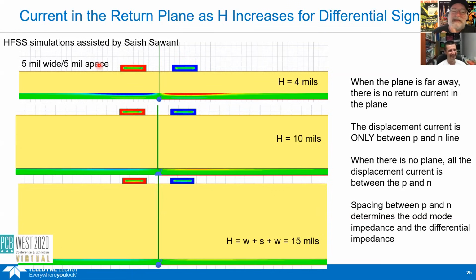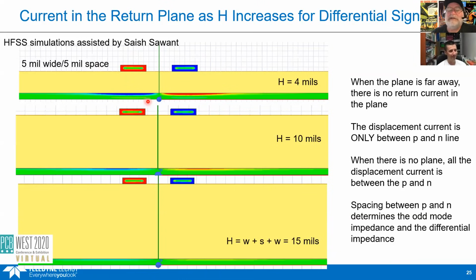But in this case, when I have the two signal lines on the top layer in close proximity, so it's a 100-ohm differential pair as we would design most surface traces, it's perfectly clear that in the best case, in the tightest coupling, the return current of one line is clear and succinct, and the return current of the other line is clear and succinct in the return plane. There's only a little bit of overlap.